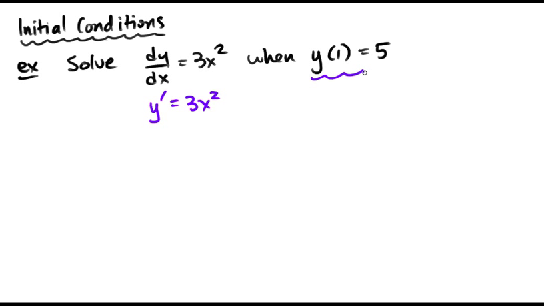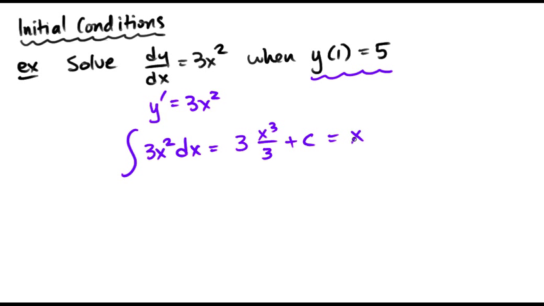So this is your initial condition. So we take an antiderivative of 3x squared. That takes us from y prime to y. And so the antiderivative of this is 3 times x cubed over 3 plus c, which is just x cubed plus c. But that's our y value.